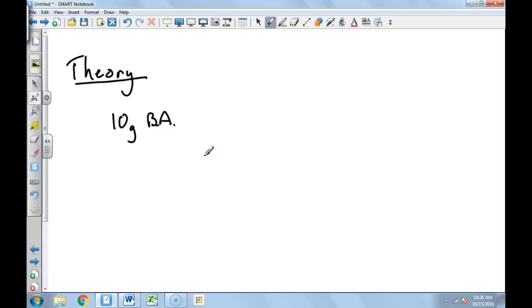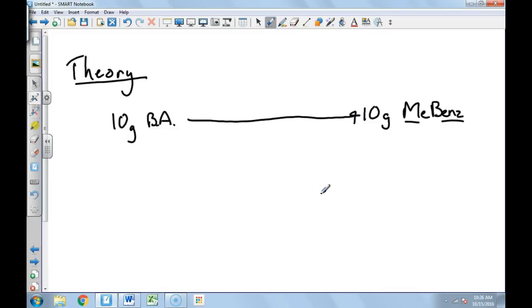And based on that, we were going to make 10 grams of methyl benzoate. Now, what if in that reaction we only made 5 grams of methyl benzoate?